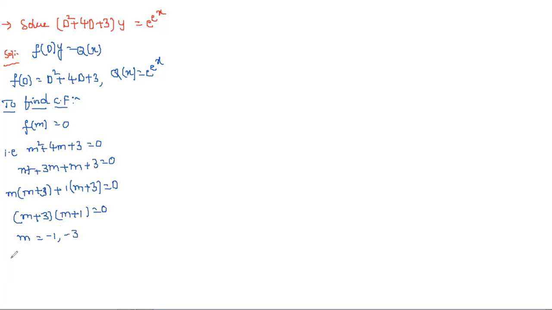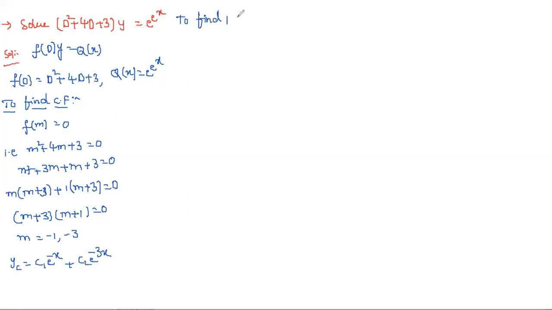The roots are real and distinct. So we can write C.F. = c1 e^(-x) + c2 e^(-3x), where c1 and c2 are arbitrary constants.